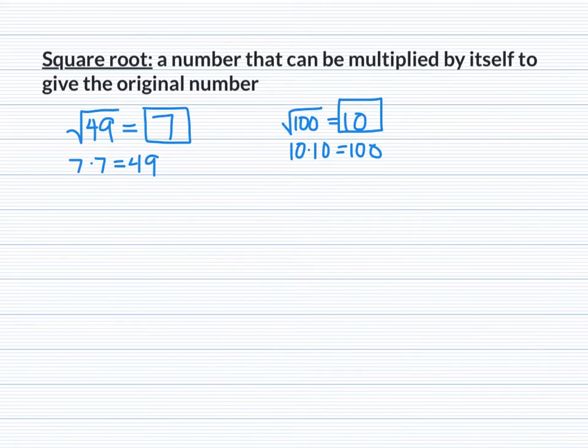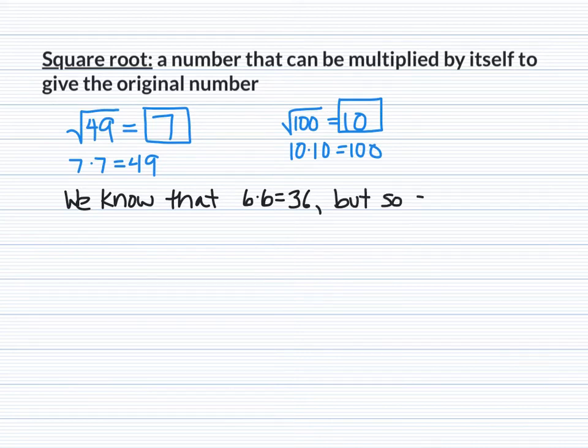Okay, so important things to know. We know that 6 times 6 equals 36. But so does negative 6 times negative 6 equal 36.